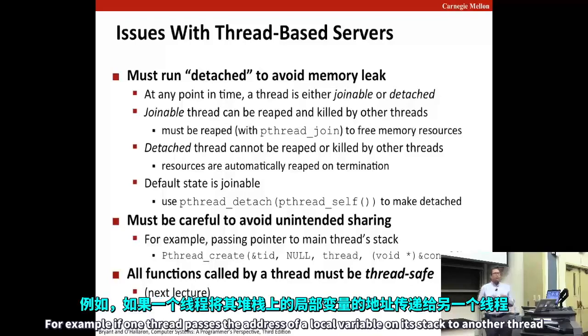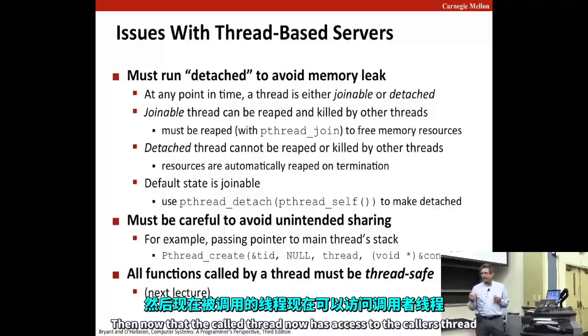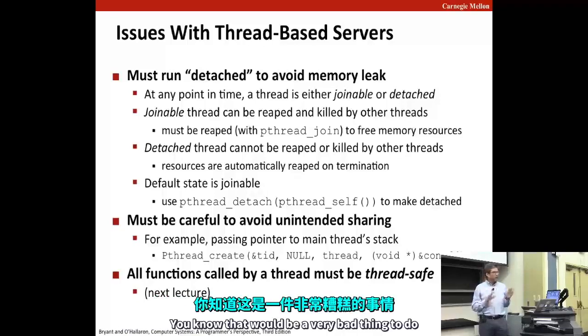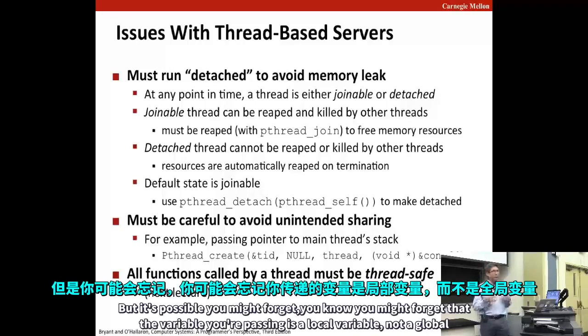For example, if one thread passes the address of a local variable on its stack to another thread, then now the called thread has access to the caller's stack, and there's nothing to prevent that called thread from manipulating local variables on the caller's stack. That would be a very bad thing to do, but it's possible. You might forget that the variable you're passing is a local variable and not a global.